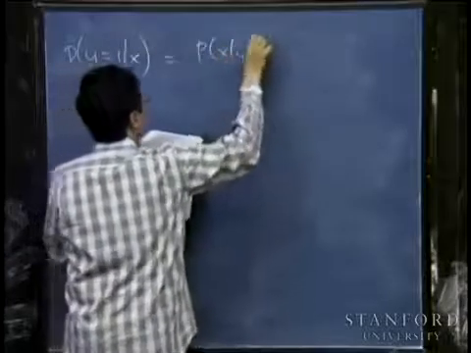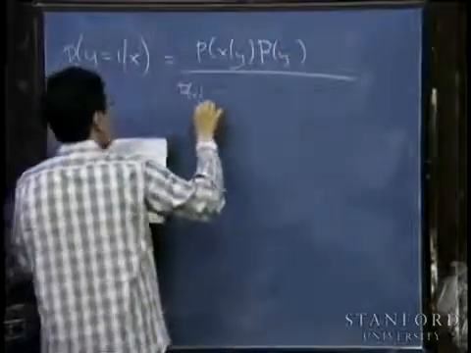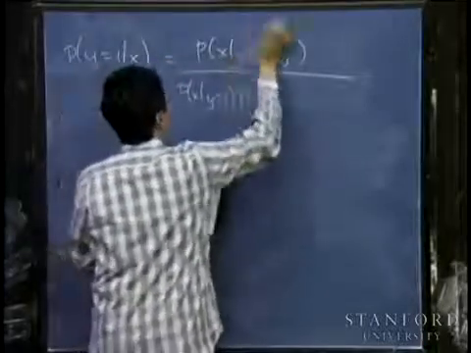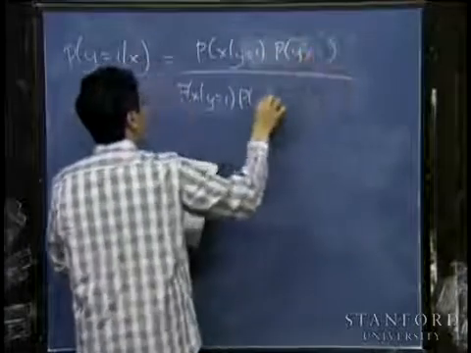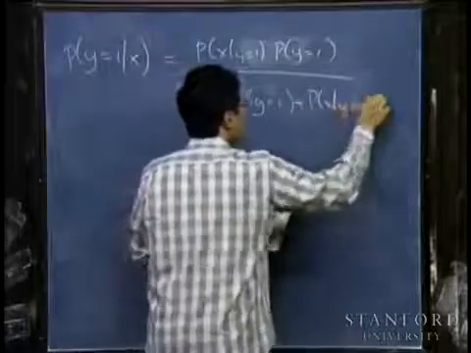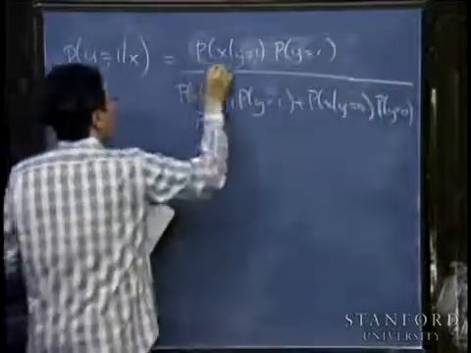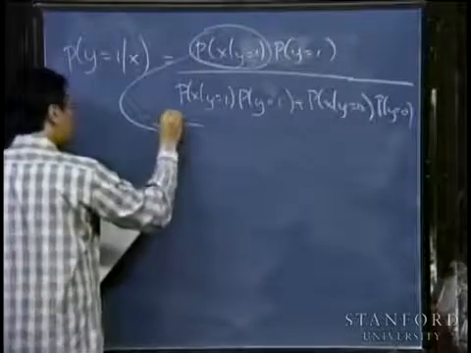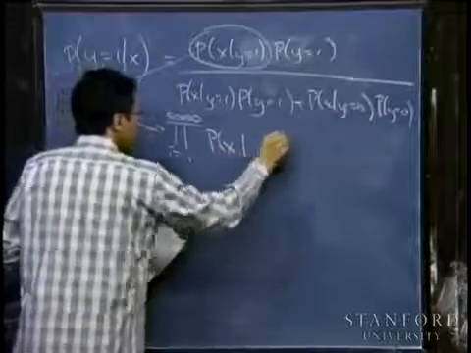P of x given y times P of y over the denominator. And if you look at that term, this will be the product from i equals 1 to 50,000 of P of xi given y.